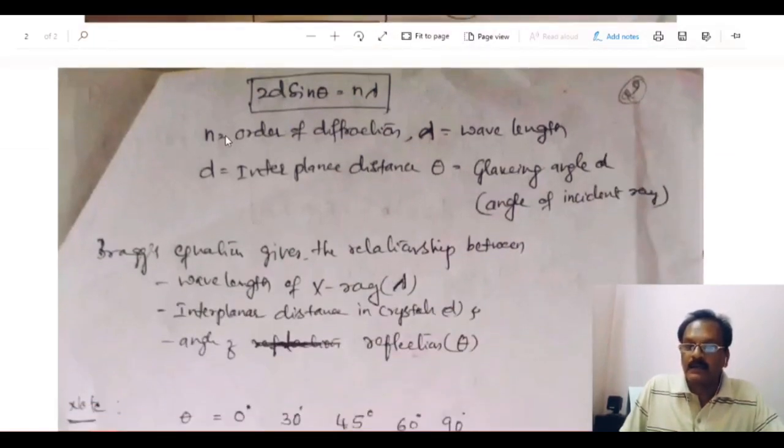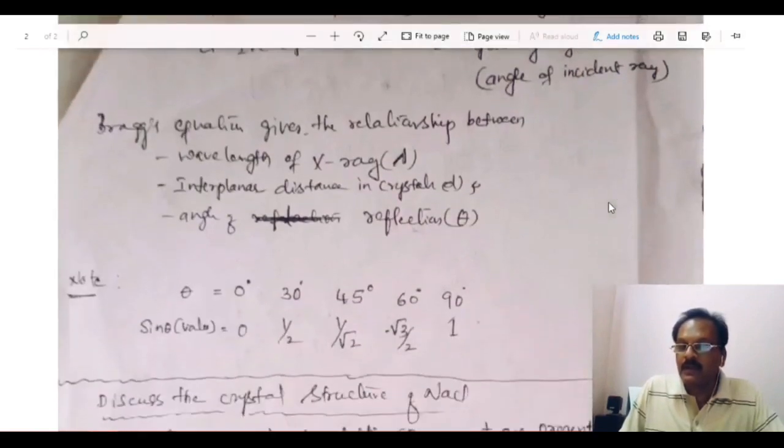As I told you, n is the order of diffraction, lambda is the wavelength, d is the interplanar distance, and theta is the glancing angle or angle of incidence.